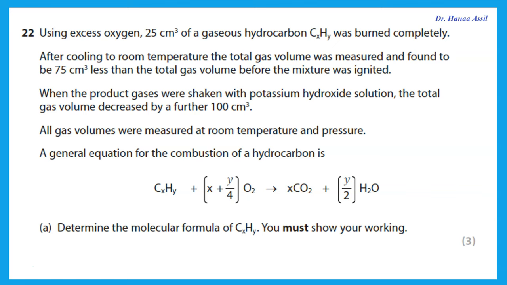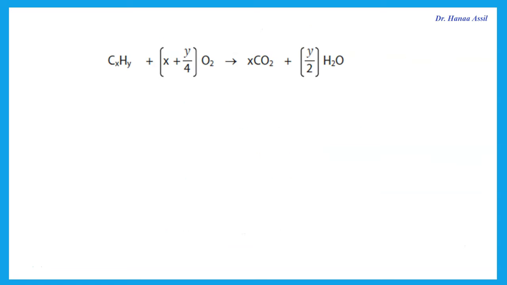When the product gases were shaken with potassium hydroxide solution, the total gas volume decreased by 100 centimeter cubed. All gas volumes were measured at room temperature and pressure. This is the general equation, and the question is, determine the formula of CxHy. So this was the equation, and we're required to get what is x and what is y.